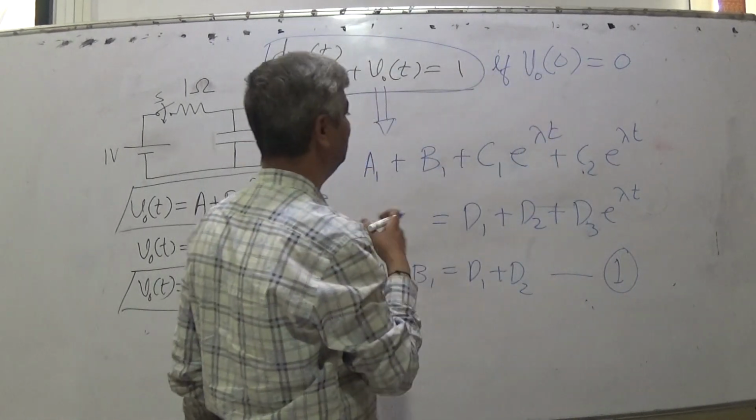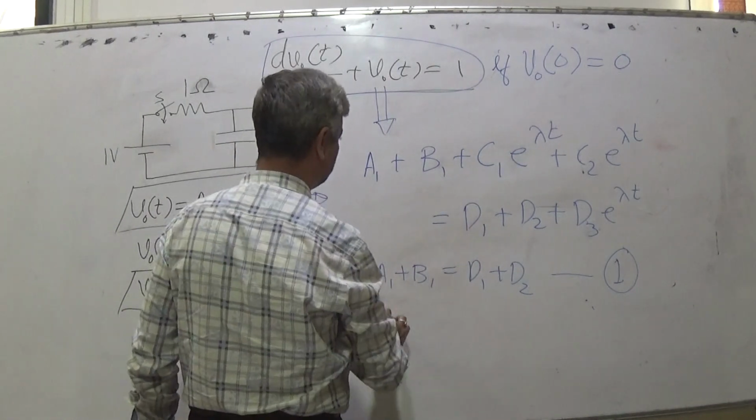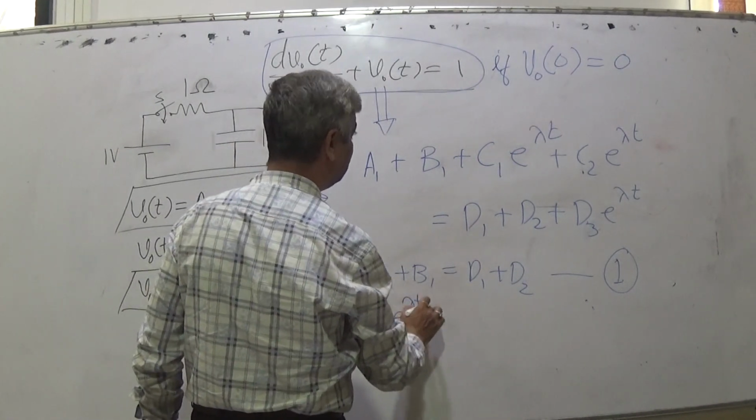In the second, exclude the terms which are not e raised to lambda t terms, so c1 plus c2 is equal to d3, removing e raised to lambda t.